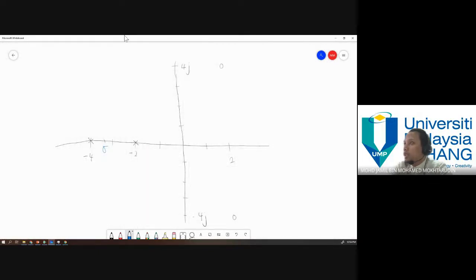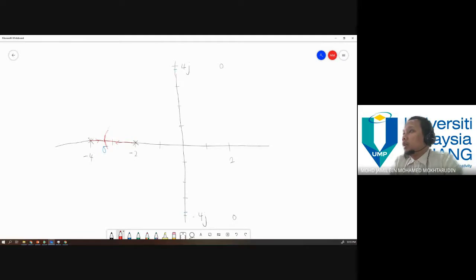So it should be here. Okay, so we can try sketch. So one root locus start here. And the other one will start from this pole. And then it will break from this breakaway point.